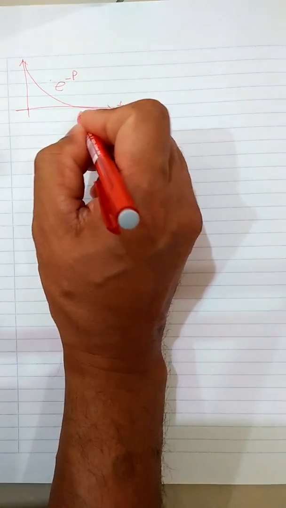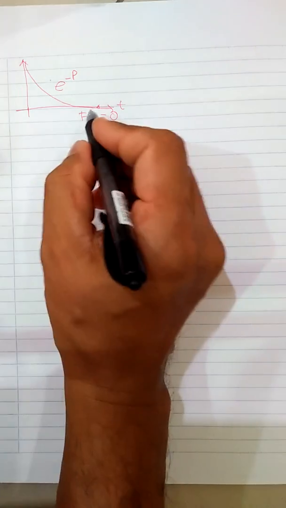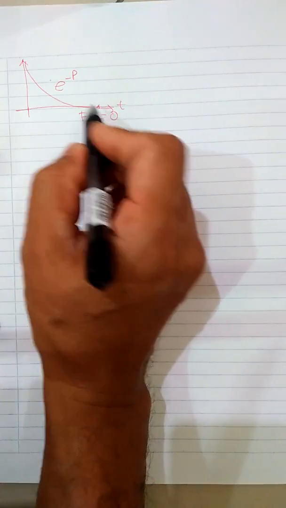So the final value of the graph is equal to 0. This one is graphically.